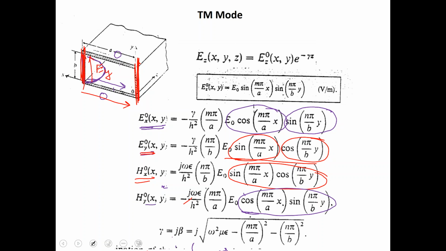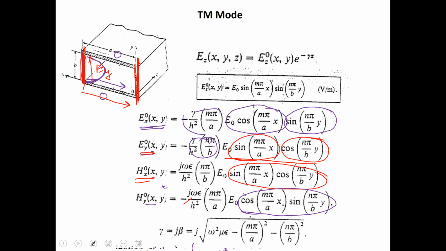So again, remember EX and HY will have the same variation in the XY plane. EY and HX would have the same variation, whether it be a TE mode or a TM mode. The constants we get in front are the constants which are coming directly from Maxwell's equations.